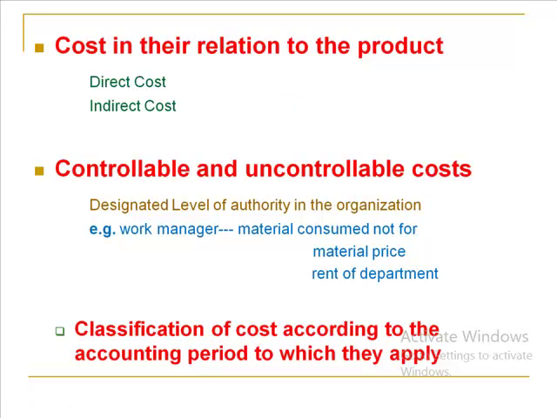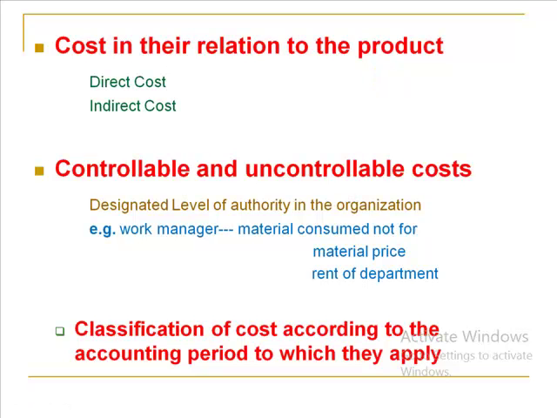Now dears, regarding cost in relation to the product, we say that on every product or any service which we offer, two kinds of cost will be incurred. One will be direct cost and the other one will be indirect cost. So if in our organization we want to find out what are the costs incurred on a particular product, we will continue the same example of a chair.